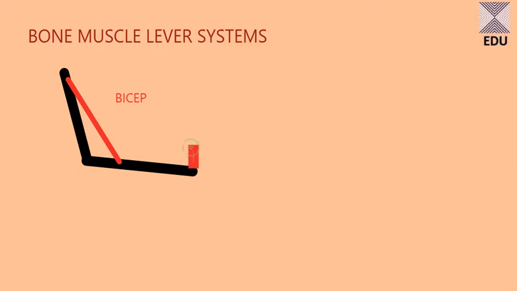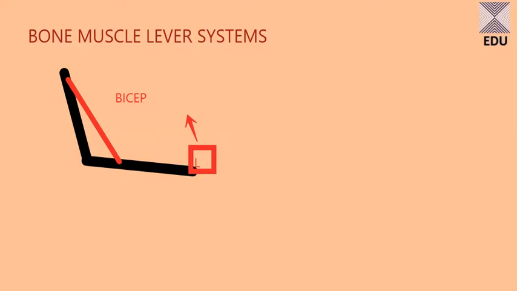This will be the load L. So this load L will be lifted up in this direction by the production of force by the bicep.